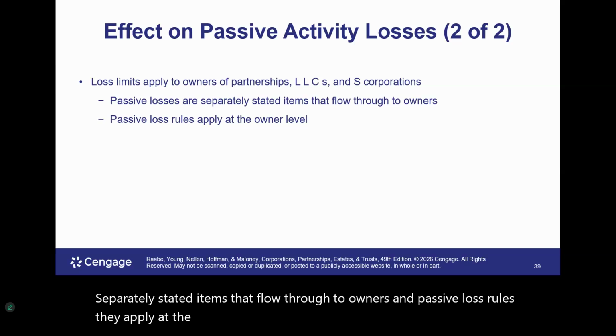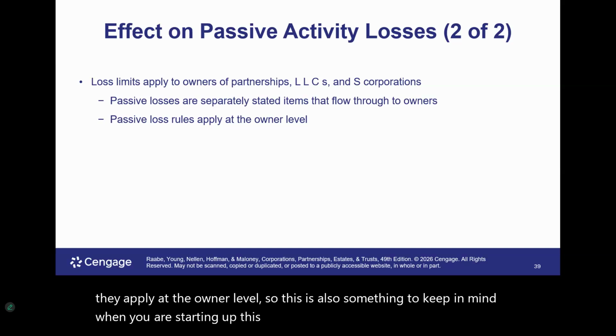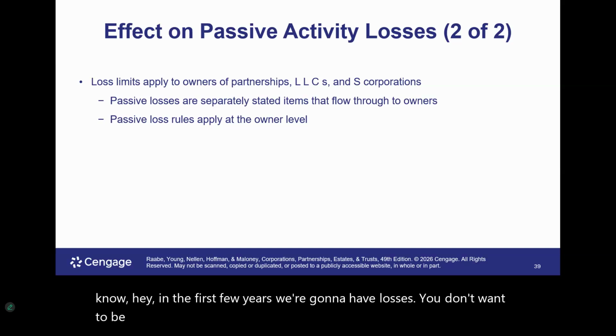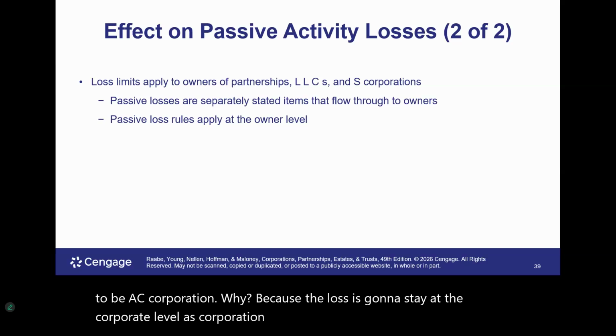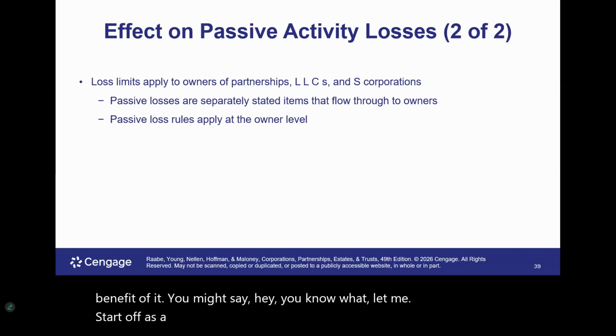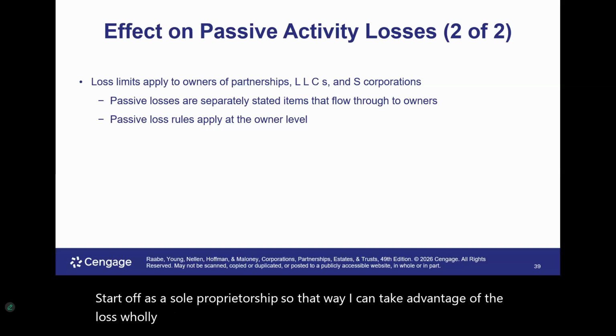This is also something to keep in mind when you are starting up this business and, hey, in the first few years, we're going to have losses. You don't want to be a C corporation. Why? Because the loss is going to stay at the corporate level. With an S corporation, if there's no basis, you're not going to get the benefit of it. You might say, hey, you know what, let me just start off as a sole proprietorship so that I can take advantage of the loss wholly. So these are some things, again, to keep in mind.